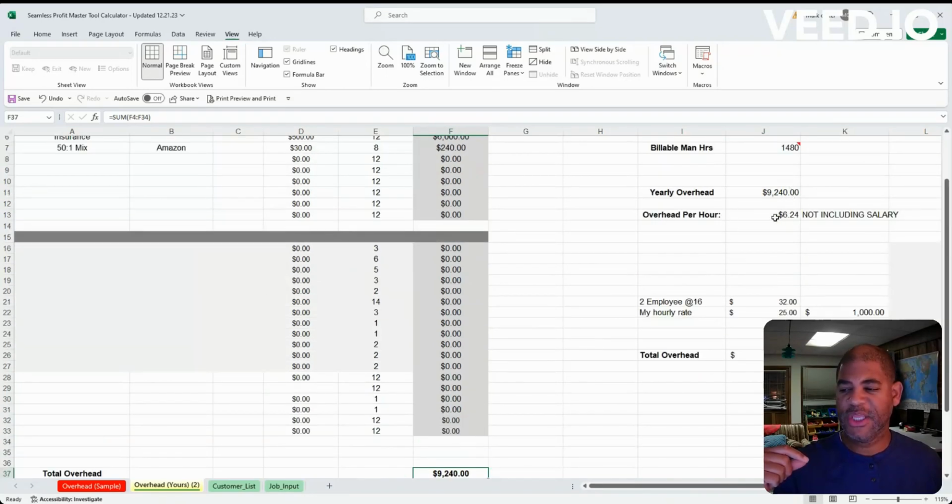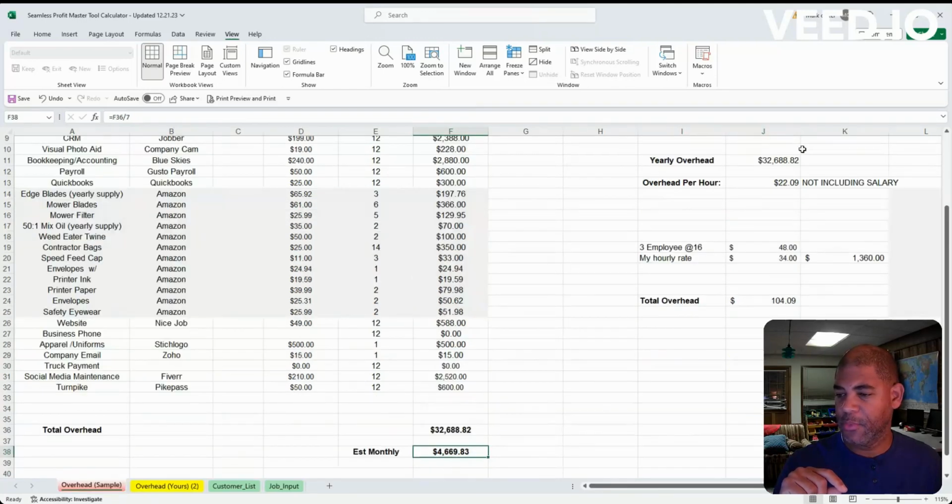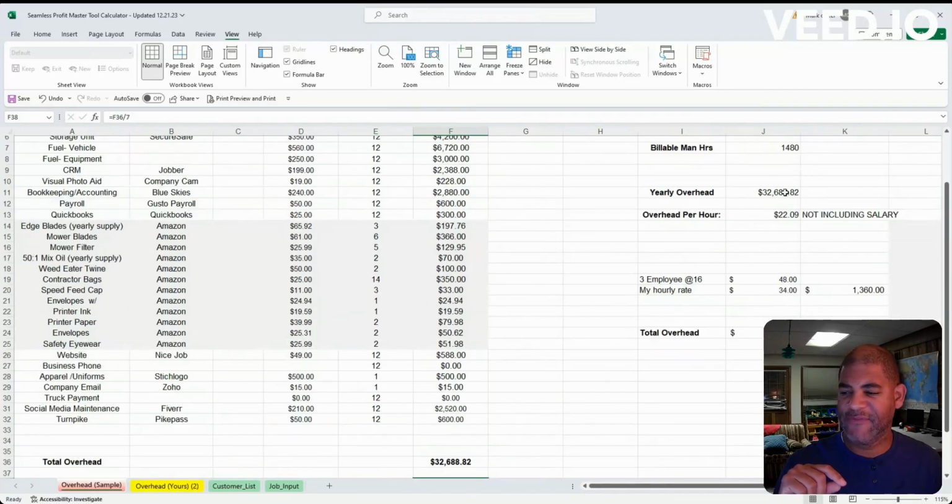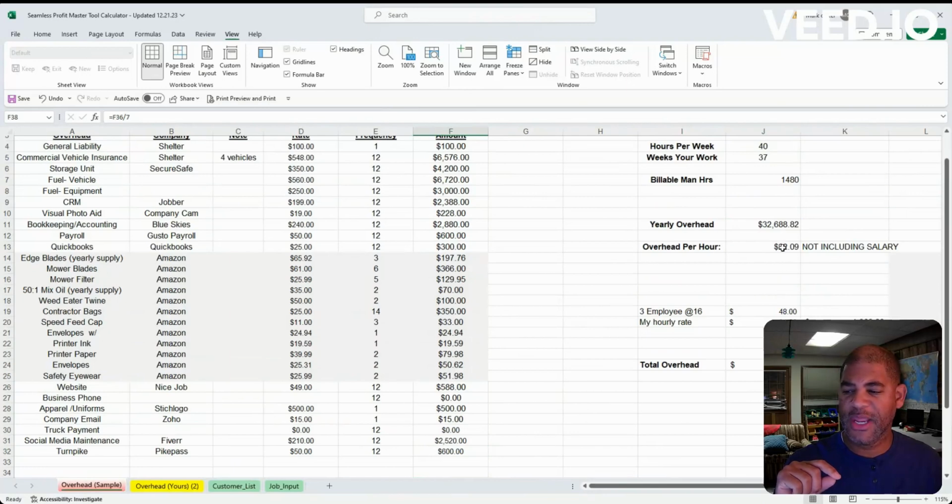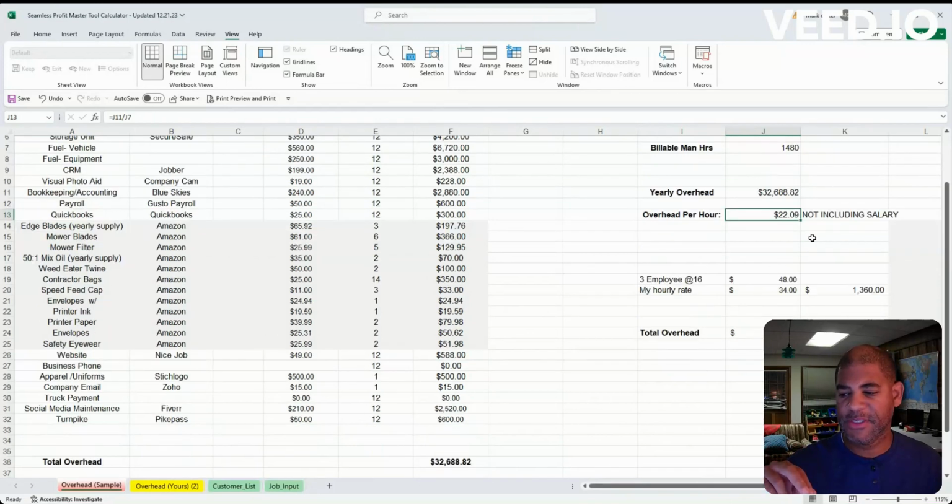Once you do that, that's going to give you your overhead per hour. Now, this does not include your salary yet, so we still have one more step. So let's look at this sample over here. This says that after I divide $32,000 in expenses by the 1,480 hours, I come up with $22.09 per hour. So if I divide all the expenses by all the hours, $22 for every single hour is what's going to cover my expenses.